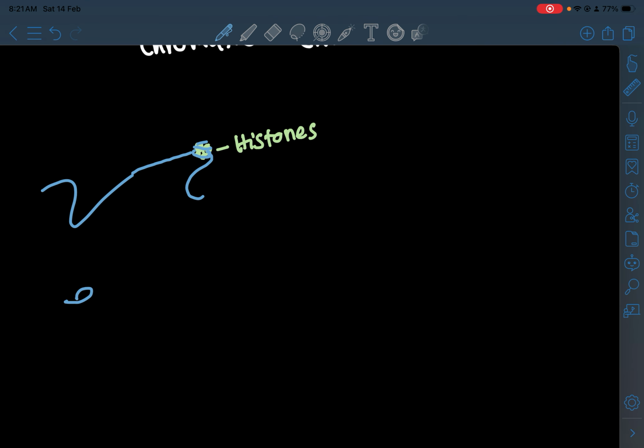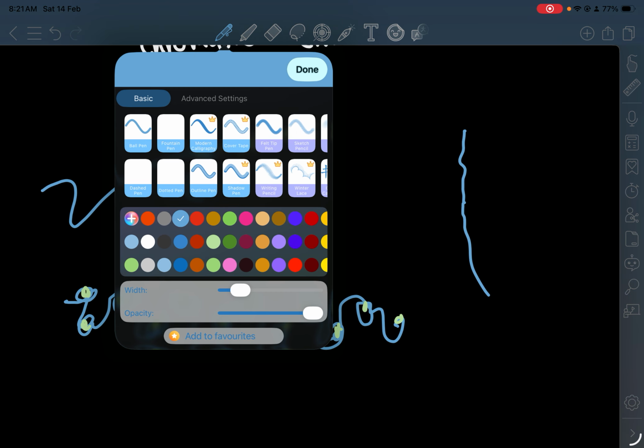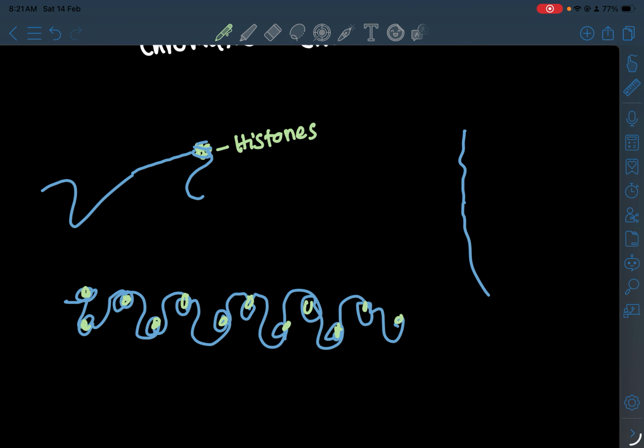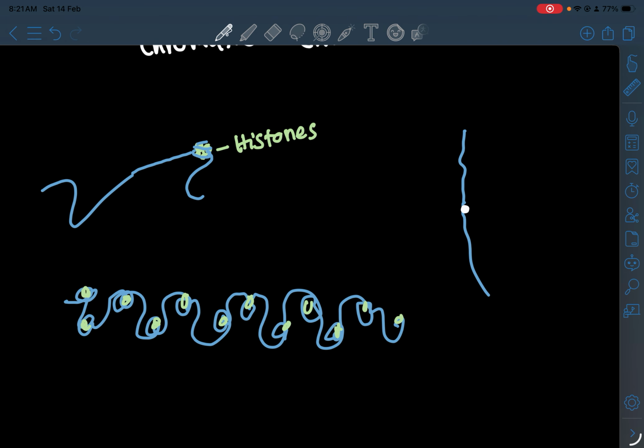So imagine if many DNA wrap around it, they will form a structure. If we zoom out, it will look like a chromatin. And in the middle of this chromatin, there is a centromere.